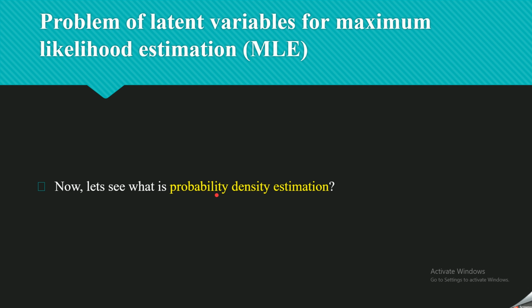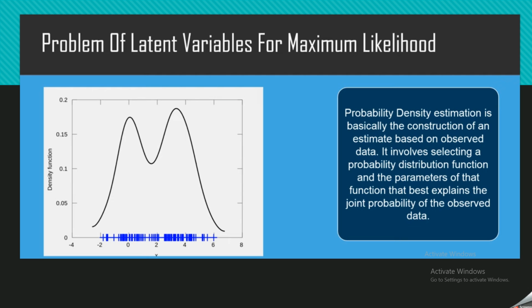All right. So now let's see what is probability density estimation. We will find out what these latent variables are and how we can solve this problem of latent variables. So what is probability density estimation?